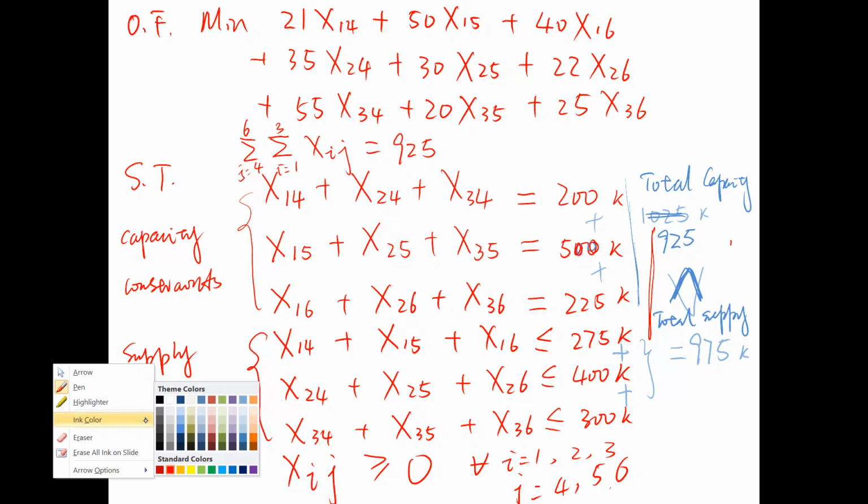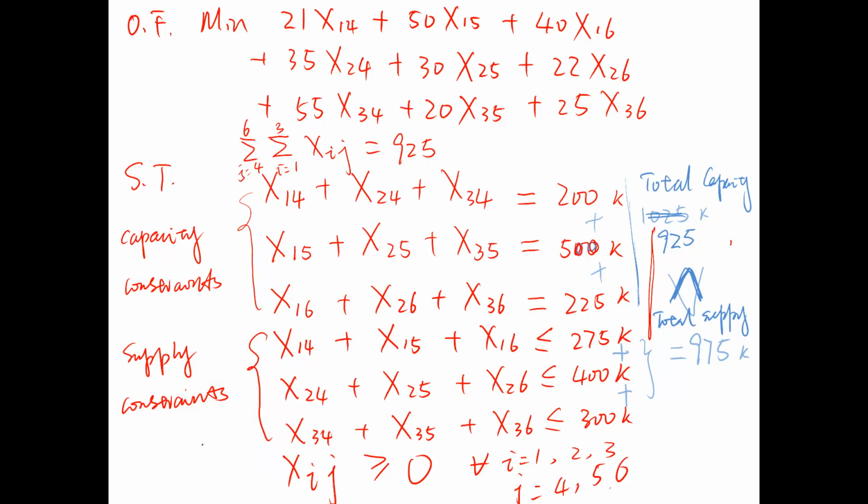Let me change the color. And this one will be less than or equal to. So another way to model this problem would be using these 1, 2, 3 constraints together.